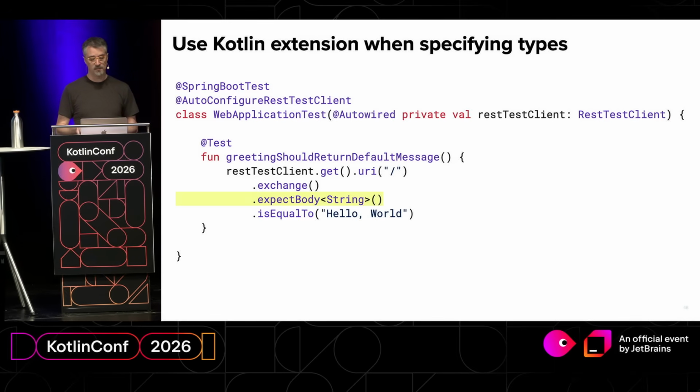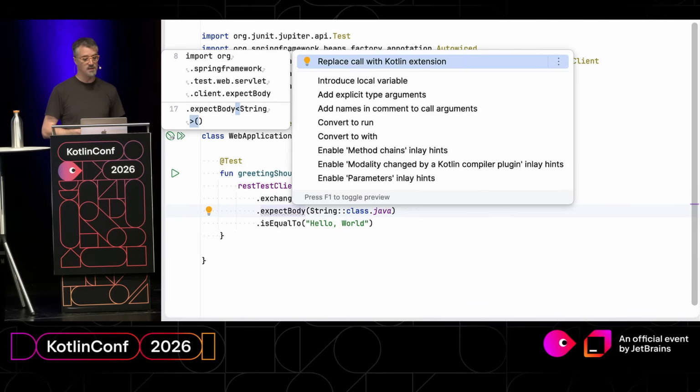The other thing is to try to use the Kotlin extensions that provide a nicer syntax. And the IntelliJ IDEA team has done pretty good work providing an automatic fix for this kind of thing. So if you are using the Java version that is not idiomatic, IntelliJ IDEA will propose that by default.